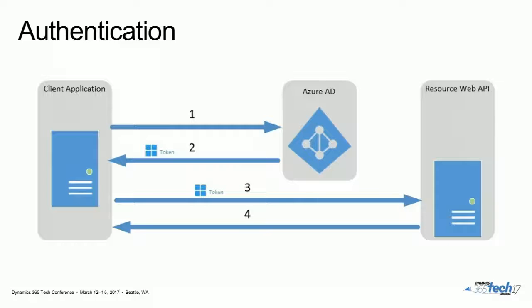But for any integrations, we could use something called a client ID. So you would go to AAD and register D365 as an app, and you get a client ID with a secret token. So in all your integrations, you can use this client ID and the secret token to get authenticated.